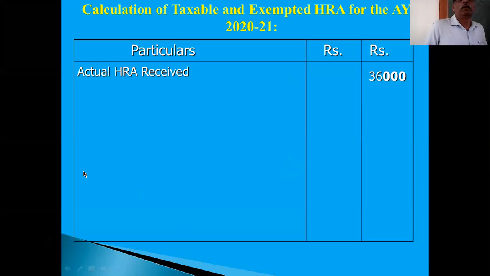HRA received I directly take as 36,000. How is it? 3,000 into 12. 36,000 is the HRA received, 3,000 into 12.